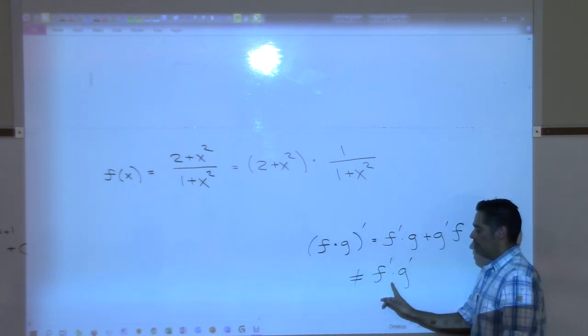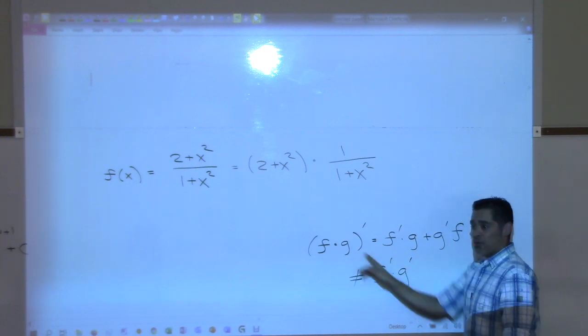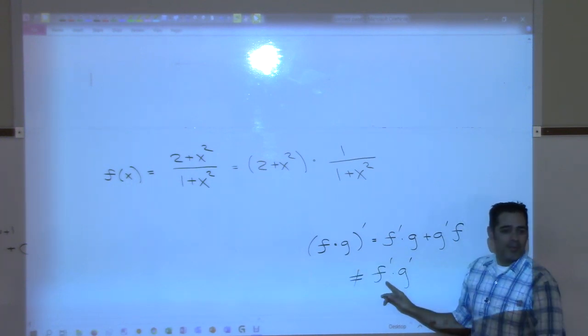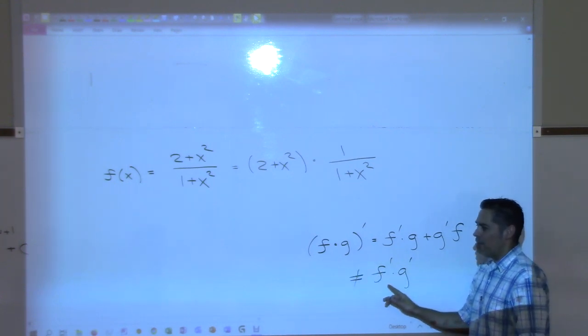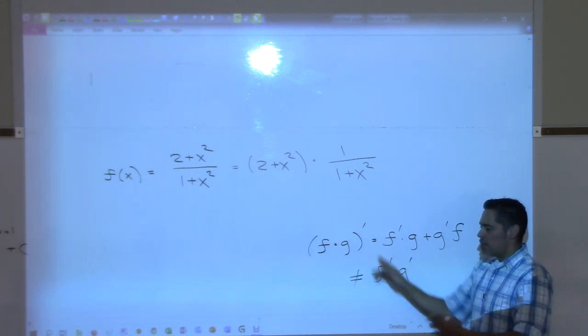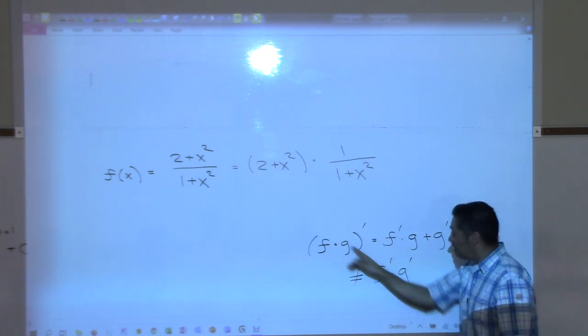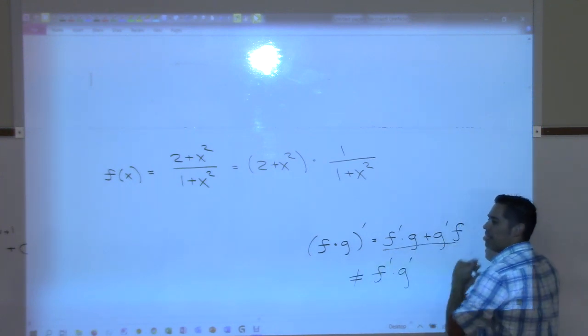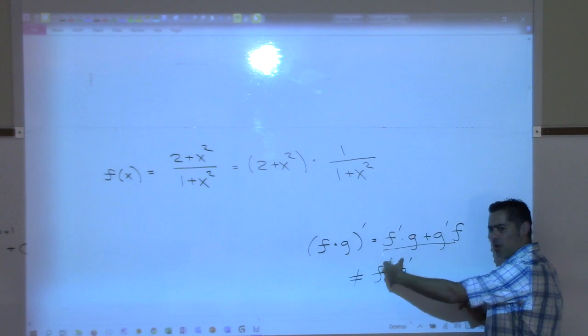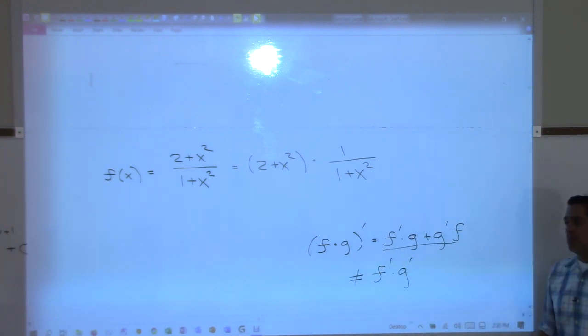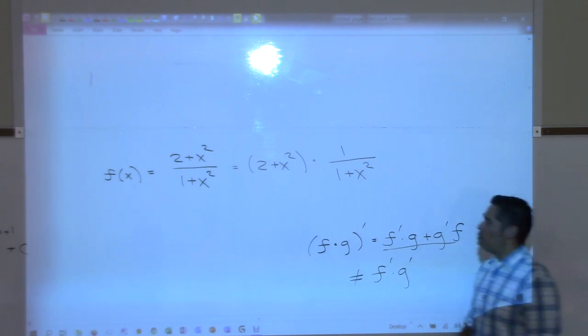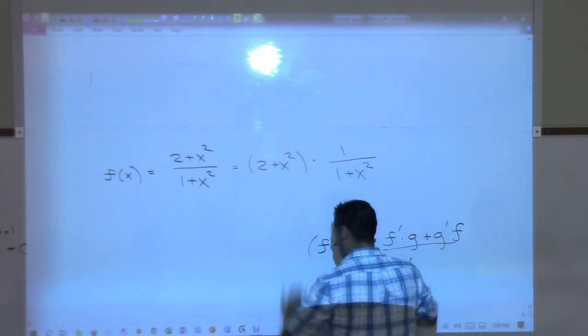I always tell my students, if this were true, we'd have a lot of people doing calculus, because it wouldn't be as hard of a class. Same with the quotient rule. But because this is not true, it makes taking derivatives of products much harder. And so when we try and go backwards, it's going to be really, really hard. So we cannot do these separately at all.